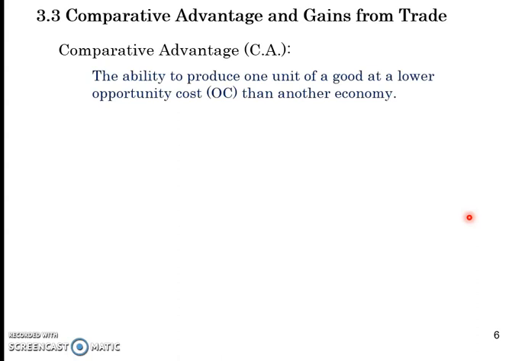The second concept that we need to introduce is the comparative advantage. Comparative advantage means the ability to produce one unit of a good at a lower opportunity cost than another economy. If we recall the definition of opportunity cost, that is the benefit or satisfaction from the second best choice.